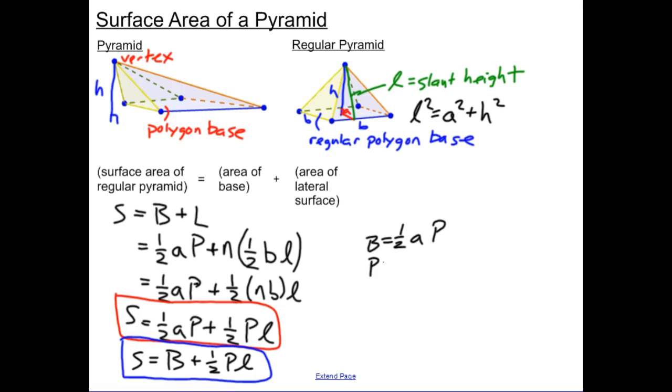My perimeter is equal to n, the number of sides of my regular polygon base, times the side length. And of course, L squared is equal to my apothem squared plus H squared. So given several of these parameters, if we need to find one out, we can do that using these relations.